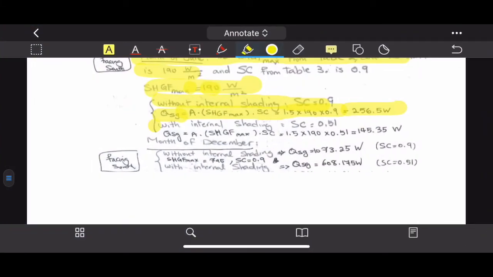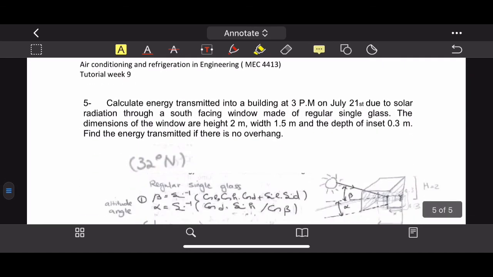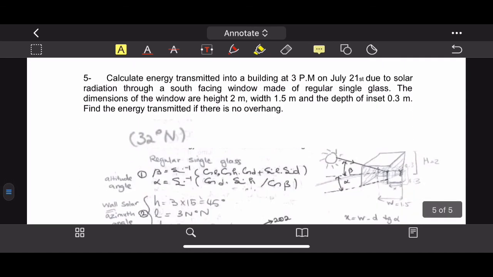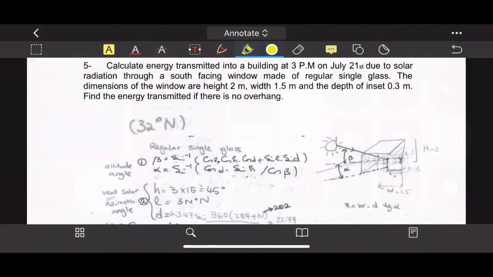Okay, so you put it there, 0.51, and you get Q_SG solar gain with internal shading is lower, 145.35. So in the month of December, use the December, and you get without internal shading 73.25, with internal shading 608.17.